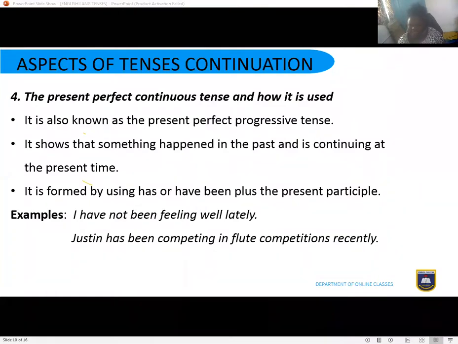The action has happened in the past and is still continuing at the present time. I have not been feeling well. Is it clear, students? Yes, madam.